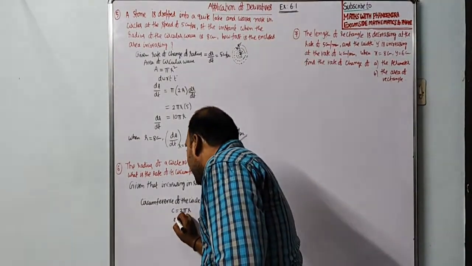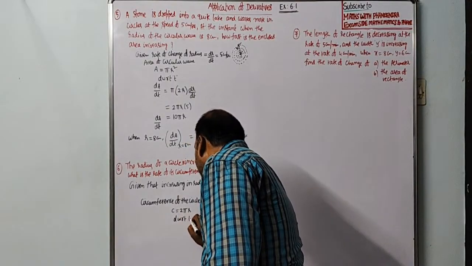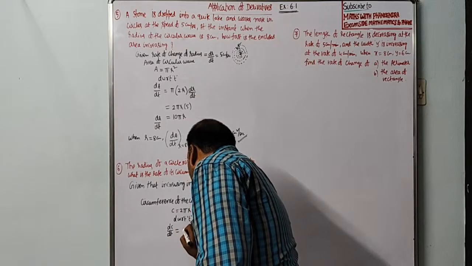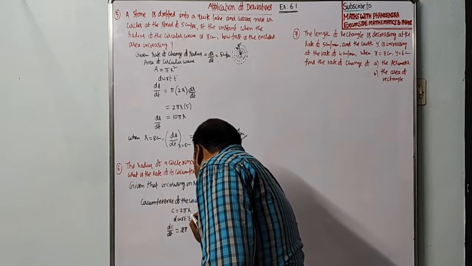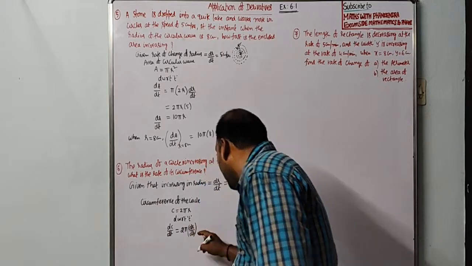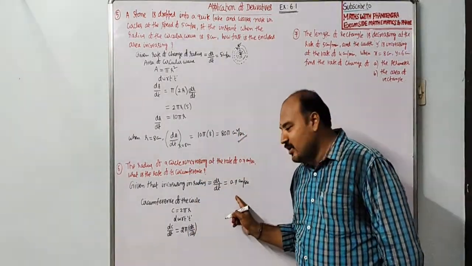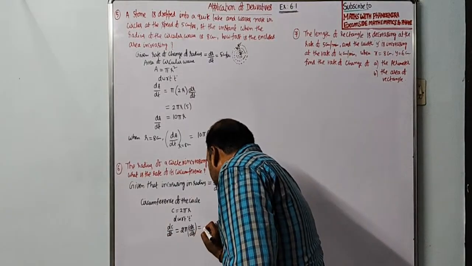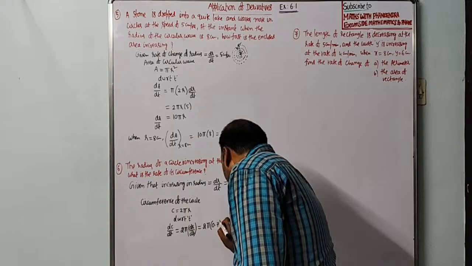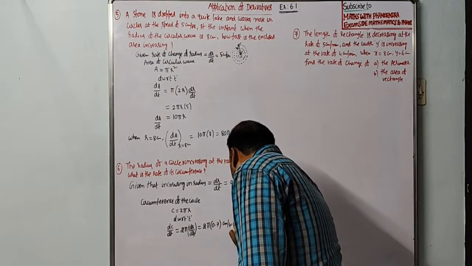So differentiate with respect to t, you will get dc by dt. 2 pi is constant, r with respect to t differentiated means dr by dt will come. You know the value of dr by dt is given as 0.7. Substitute in this. So you will get 2 pi into 0.7 centimeter per second.